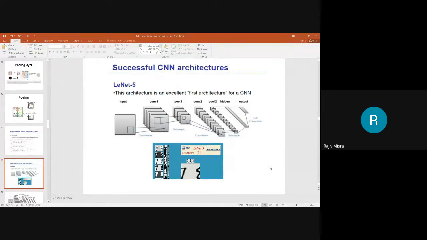For that you require different kinds of kernels, and this convolutional layer will apply the convolution operator using these kernels.